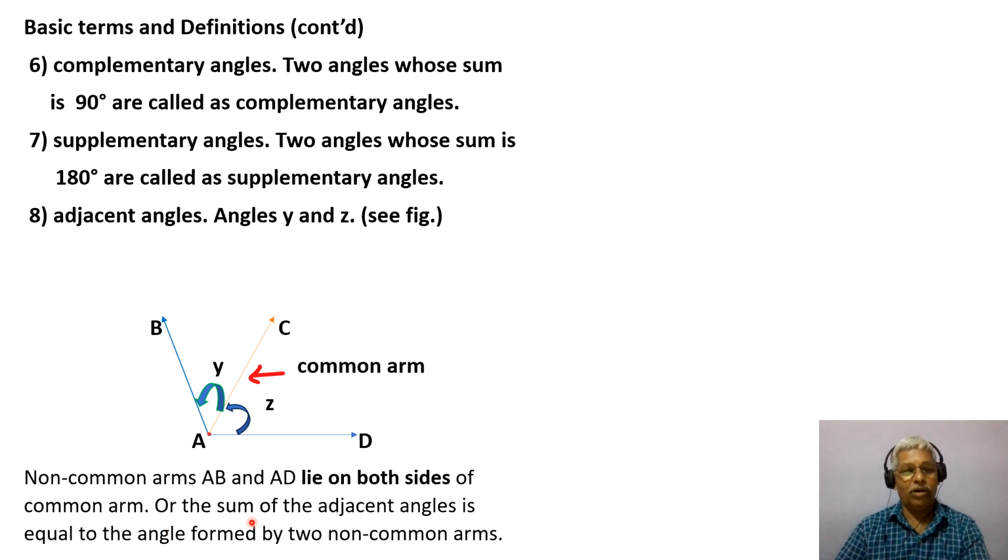Or another part of the definition: the sum of the adjacent angles, this and this, is equal to the angle formed by the two non-common arms. See, this is a non-common arm, this is a non-common arm. If you see the angle formed by the non-common arms, then the sum of the adjacent angles is equal to this. Very simple.